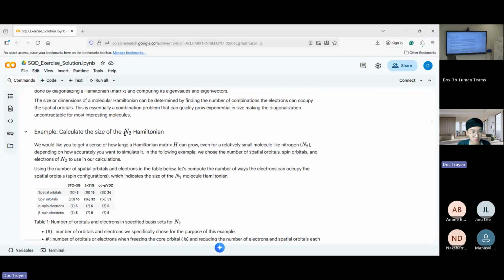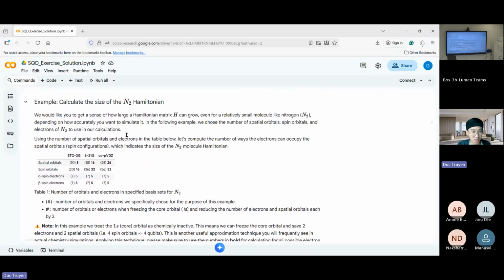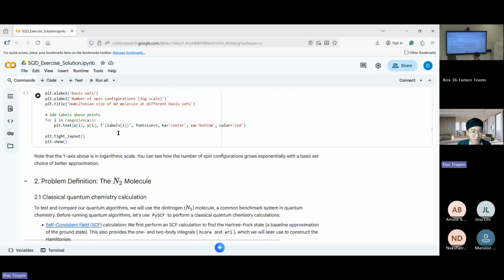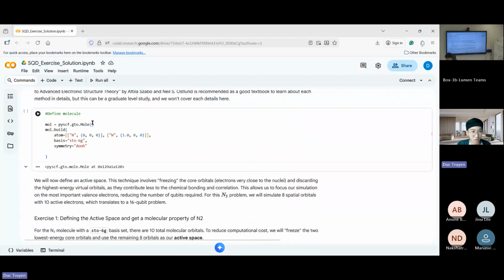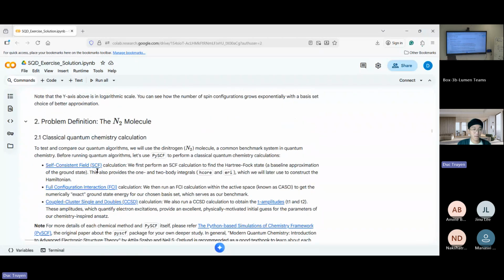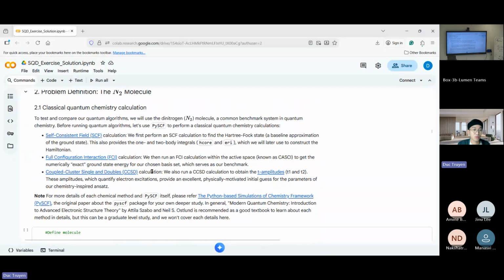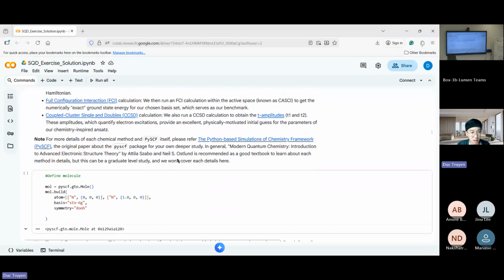I will go directly to the solutions: how to use the classical package to solve the problem. That's the classical method to solve the quantum chemistry problem on a classical computer.